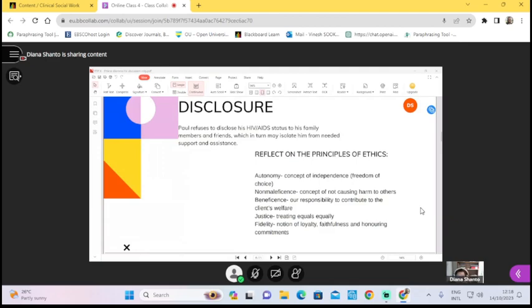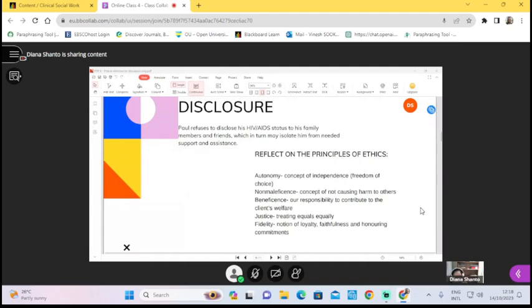So let me answer this one. Paul refuses to disclose the HIV status. That's his right. He doesn't want to do. Il a le droit de ne pas parce que c'est son droit. On respecte sa décision. Respecting his decision not to reveal his HIV status, it's respecting his autonomy, his freedom, his right to not disclose.